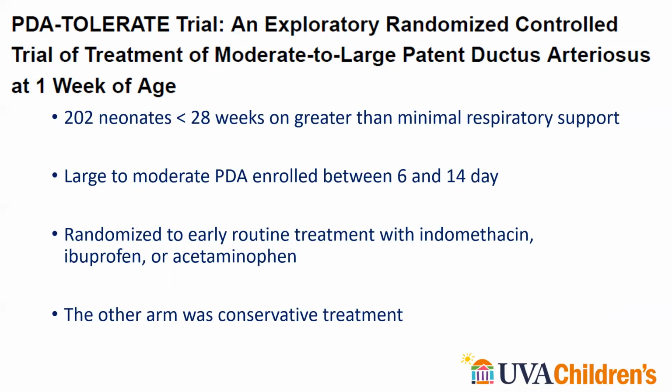The other arm was conservative treatment, and those infants received no pharmacologic treatment to close a PDA. The decision as to what medication to use was left up to the providers in the hospital, as they felt there was no difference in the efficacy of indomethacin, ibuprofen, or acetaminophen.